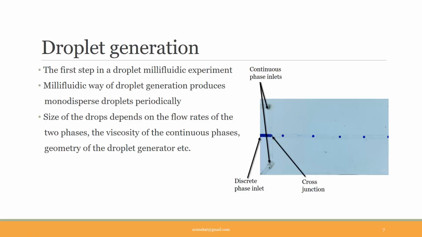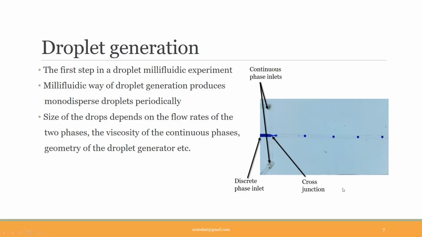A T-junction droplet generator, a cross-junction droplet generator, a co-flow junction, and a flow-focusing junction are some of the geometries used for droplet generation. We have used a cross-junction droplet generator for our experiments. As you can see in the video, the droplets are generated at the junction in a periodic fashion, and the size of the drops are uniform.